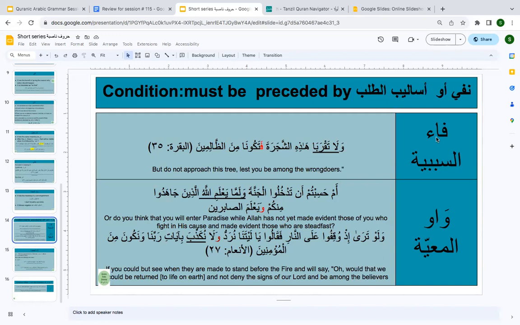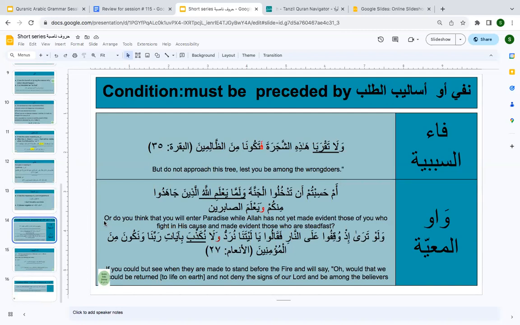So fa sababiyya, you will not see it just anywhere. You will see it after negation, or you will see it after fail amr, you will see it after fail nahi, you will see it after istifham, or you can see it after tamanni, taraji, or tahdid.